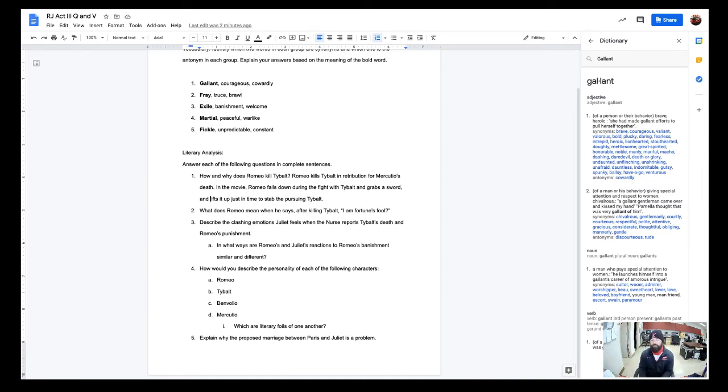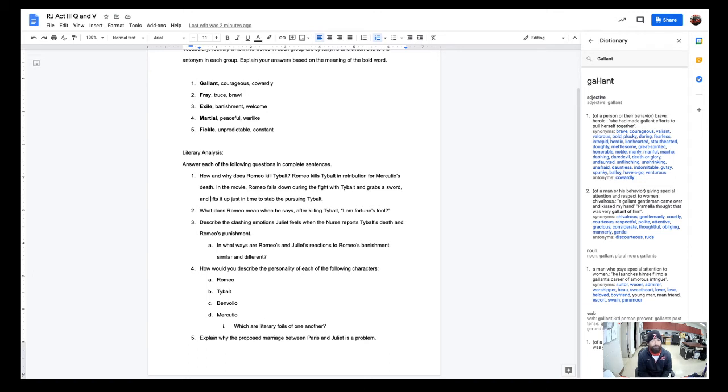So remember, that's probably a little bit of actor ad-lib, but that's the way it's been portrayed for a long time. That's the way it's done usually in the play. So that's why I said in the movie, because in the script that we get, it's not even in there. It's like they fight, Tibble dies.